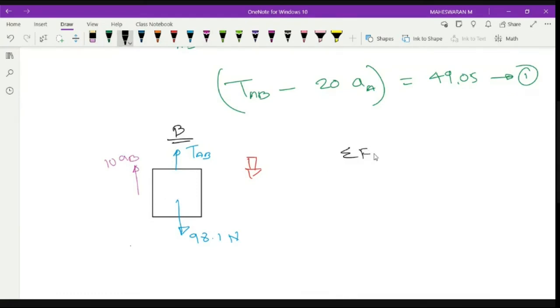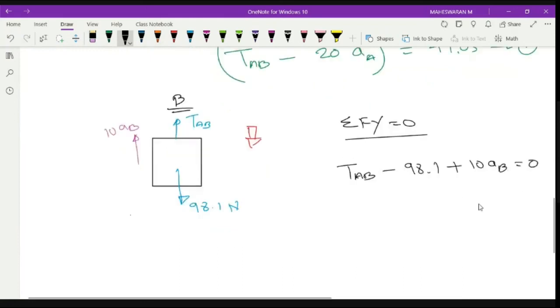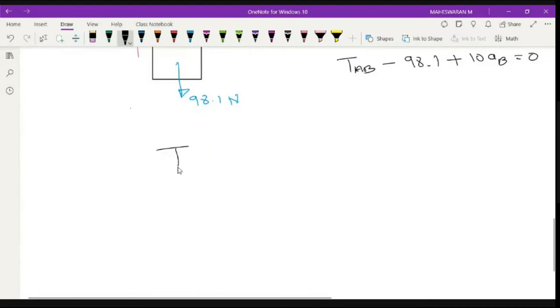So I can directly equate sigma Fy is equal to 0, which is TAB minus 98.1 plus 10 AB is equal to 0, which means TAB plus 10 AB is equal to 98.1. Let me consider this as equation 2.